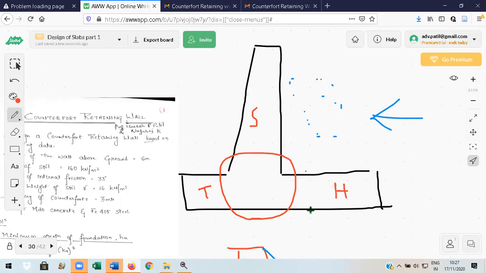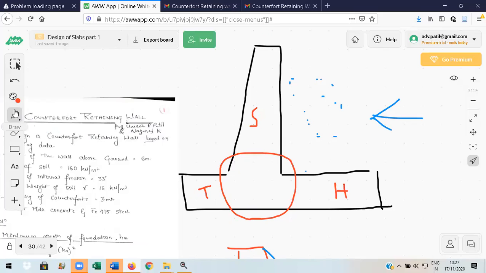Now, why is this called a cantilever retaining wall? Because stem, heel, and toe all are cantilever slabs fixed at this junction. Whatever circle I have shown here, in this junction, all three are connected, and this junction is the fixed end, and the ends are free ends of these three components.